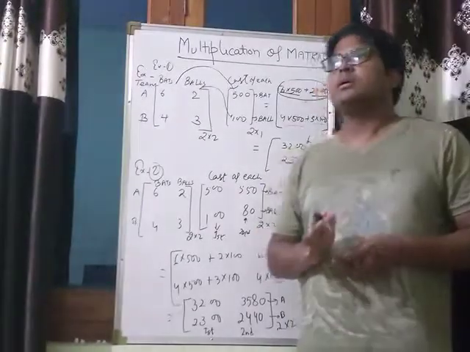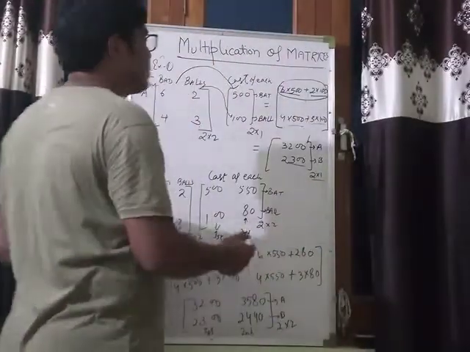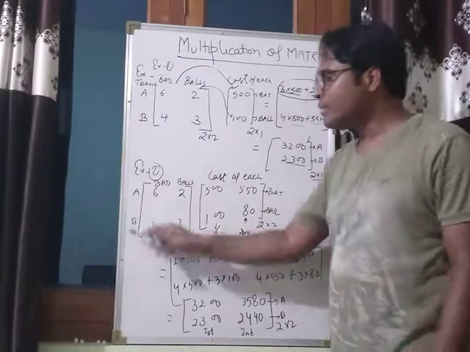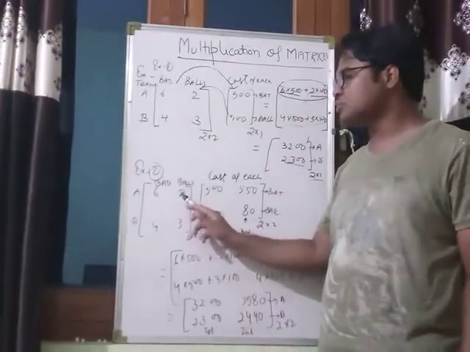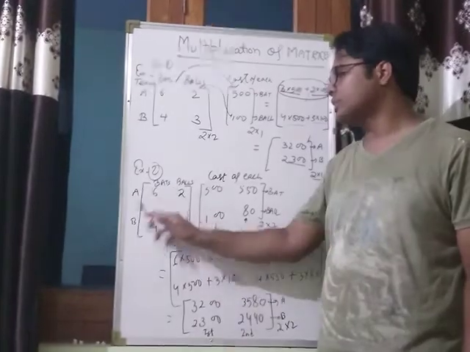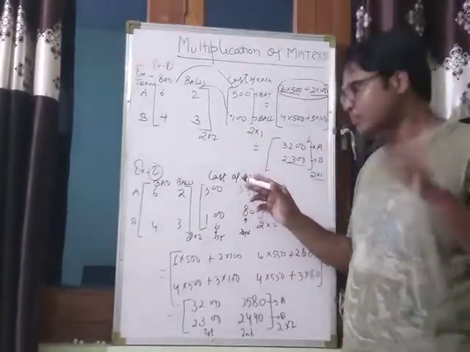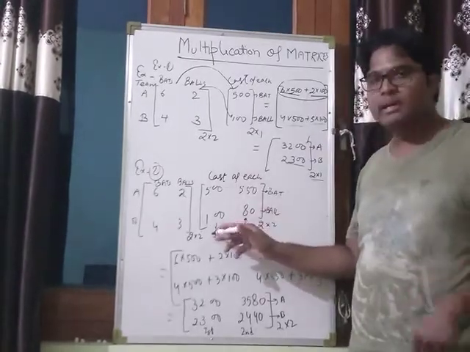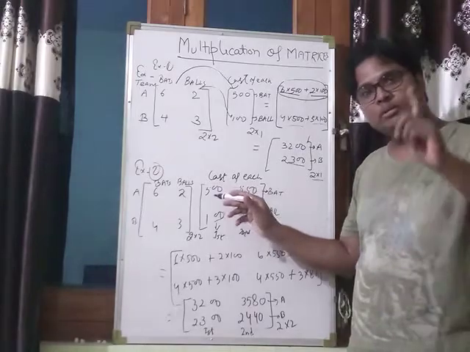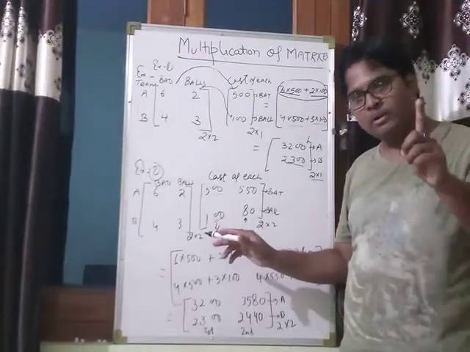Now, if there are two shops in the market, shop first and shop second, the requirements are 6 bats and 2 balls for team A and 4 bats and 3 balls for team B. The cost of bats and balls at shop A is 500 rupees per bat and 100 rupees per ball.